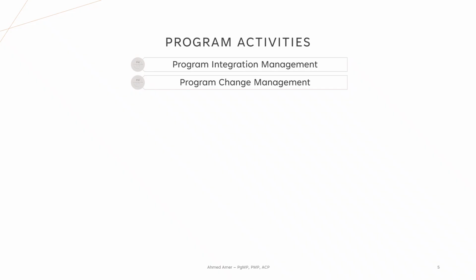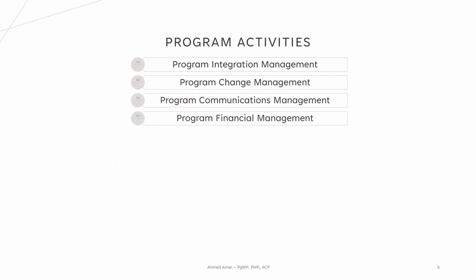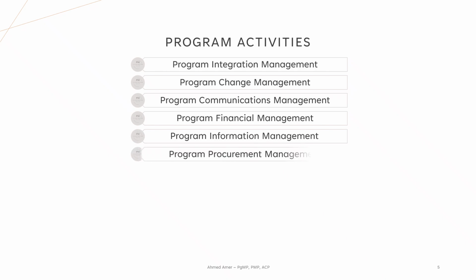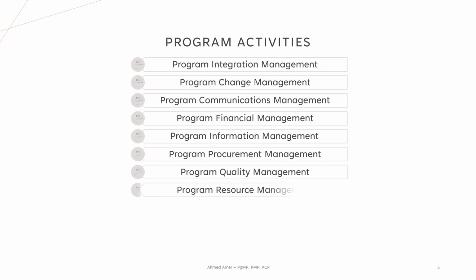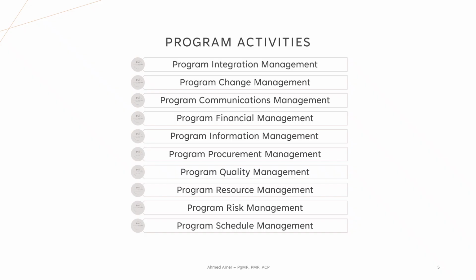The program activities that support program management and governance include program integration management, program change management, program communications management, program financial management, program information management, program procurement management, program quality management, program resource management, program risk management, program schedule management, and program scope management.